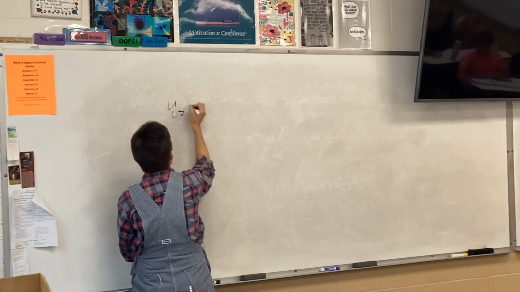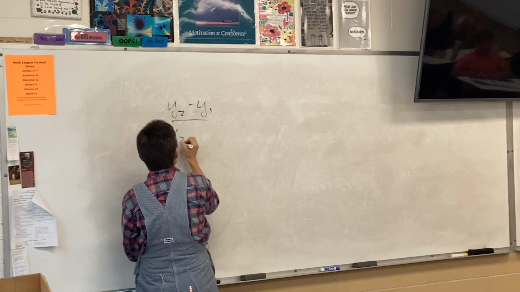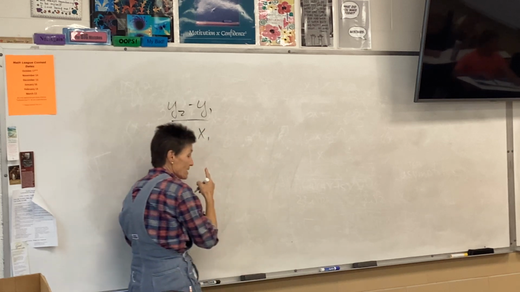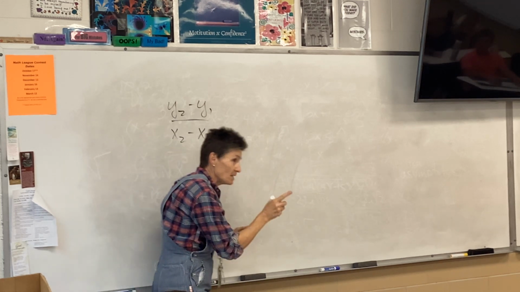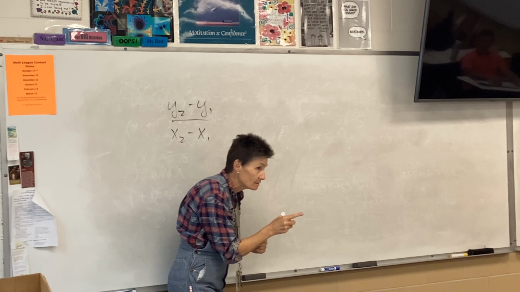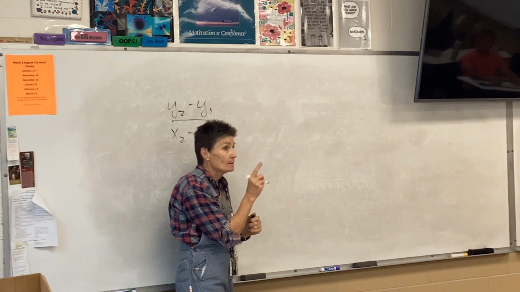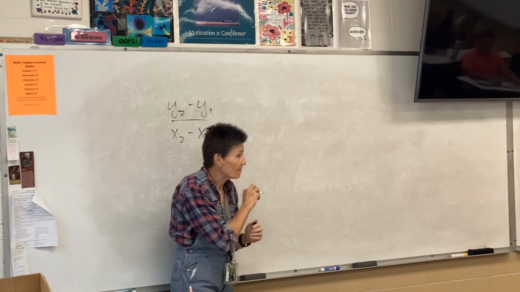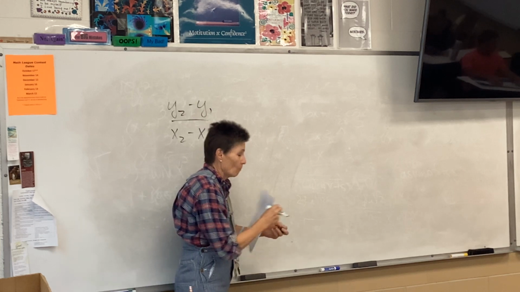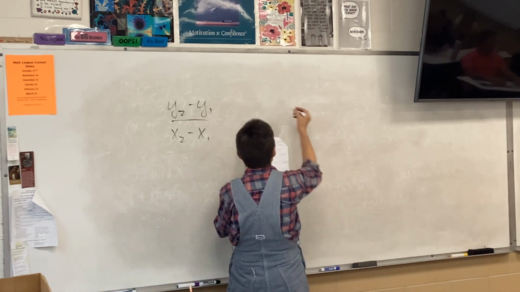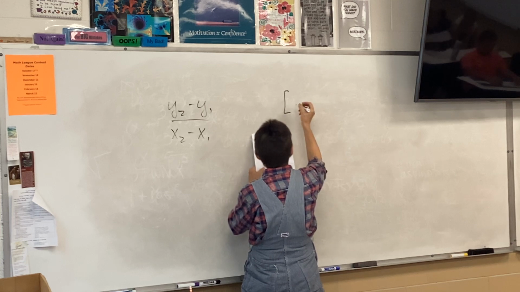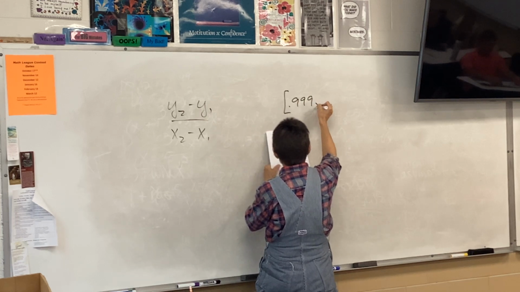Exactly. So, if you want the average rate of change, you're going to figure out your y's, figure out your x's, and that's it, right? So, I'm just going to do this C, 0.999 to 1.